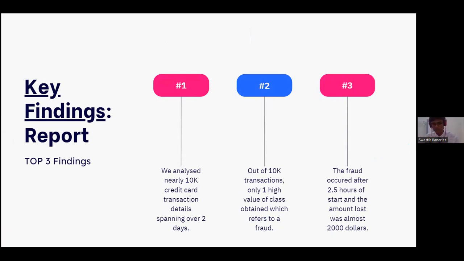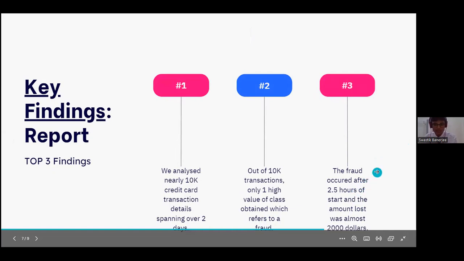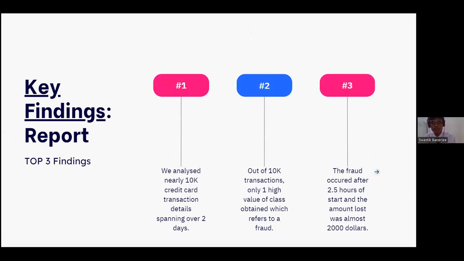That tells us about the target variable. Out of 10,000 transactions, there is one fraud, and the fraud occurred after 2.5 hours of start, and the amount lost was almost $2,000. So we are also identifying when the fraud has happened.